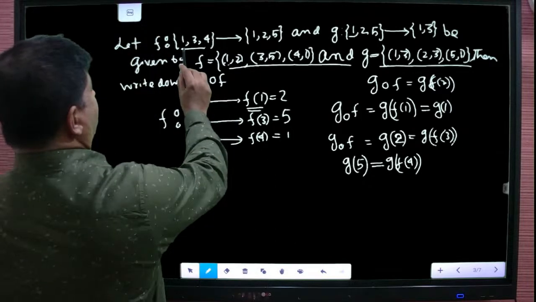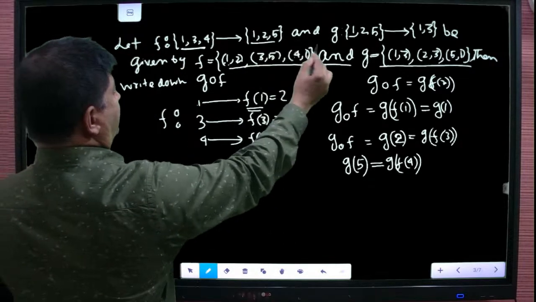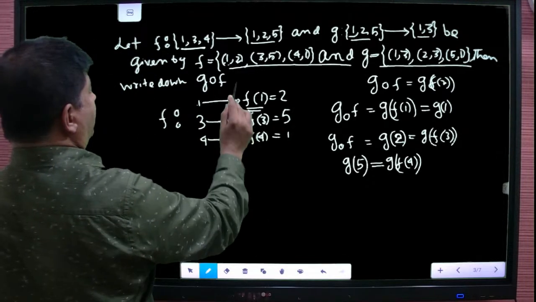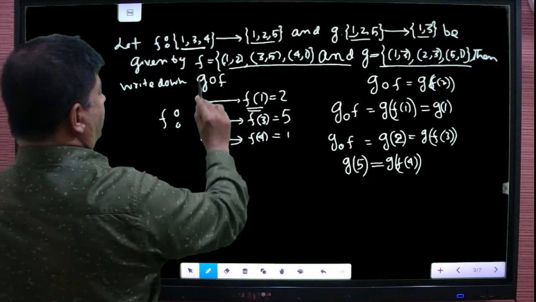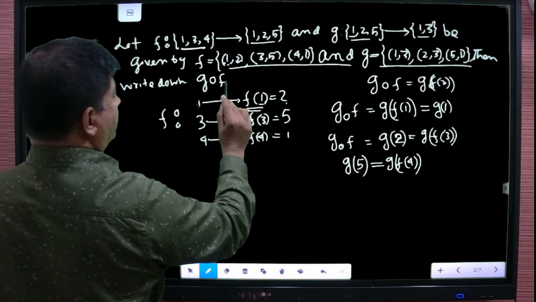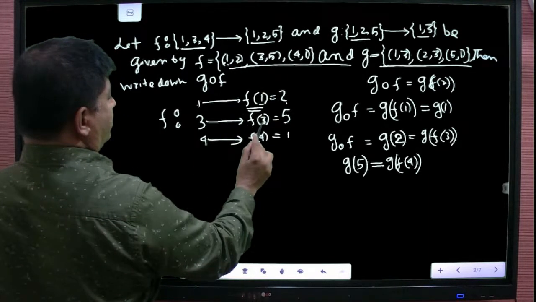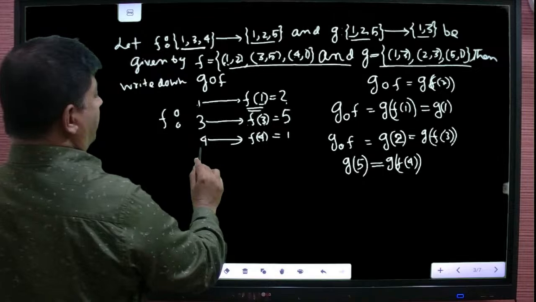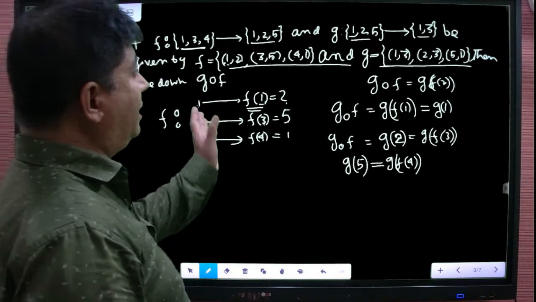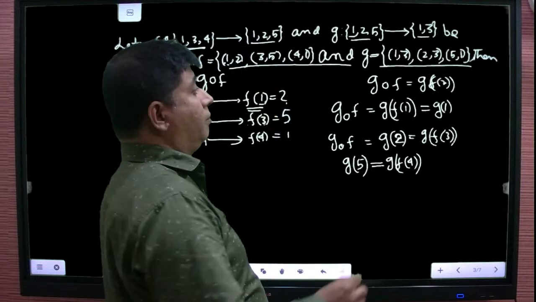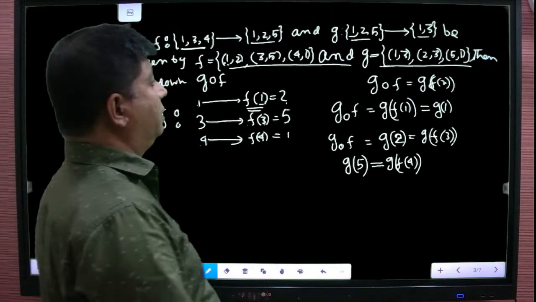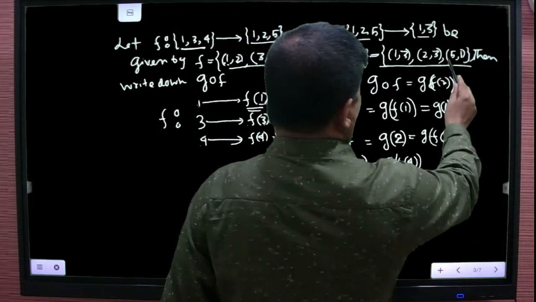So that is domain, range. See here 1 goes to F1. What is F1? 2. 3 goes to F3, that is 5. 4 goes to F4, that is 1. Now g does what? g maps 1 to 3, 2 to 3, 5 to 1.